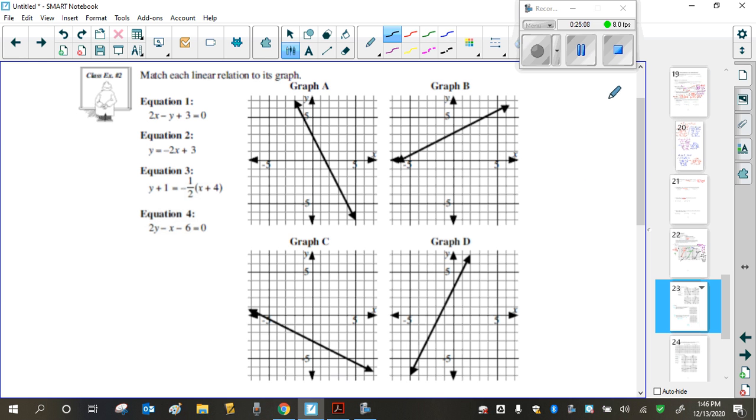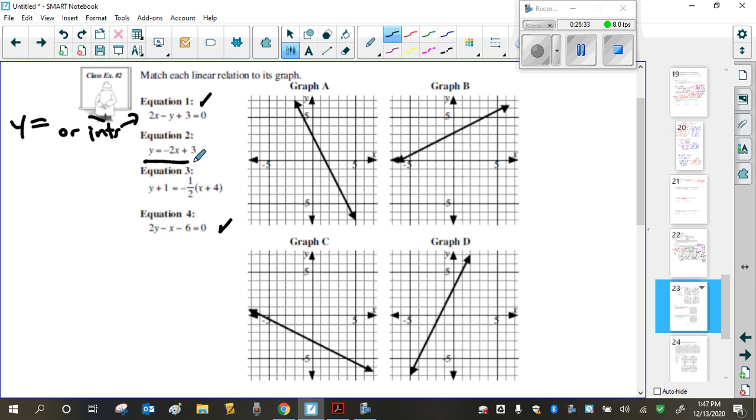We definitely need another example for this. This one I have a choice. I can either do y equals or the intercept ways. Find the x-intercept, find the y-intercept, and connect them. So it just depends on what you like the best. I'm going to do one of them this way and one of them this way, okay? This one you can see right away.